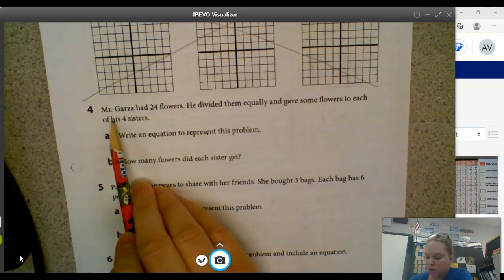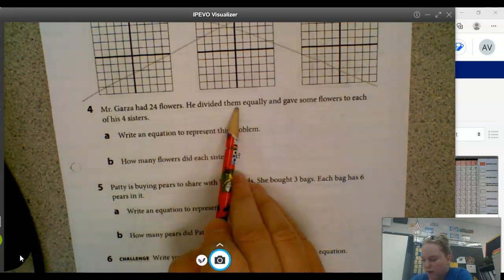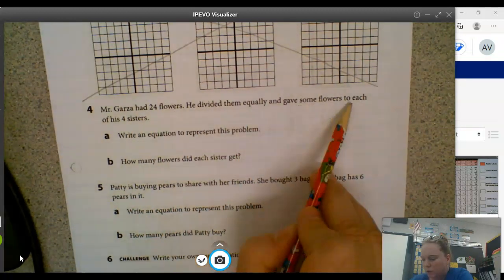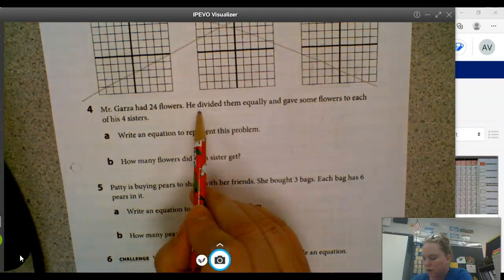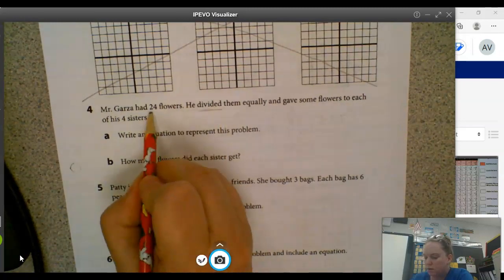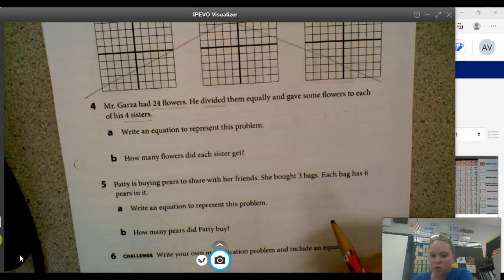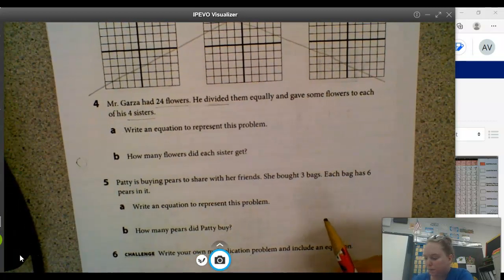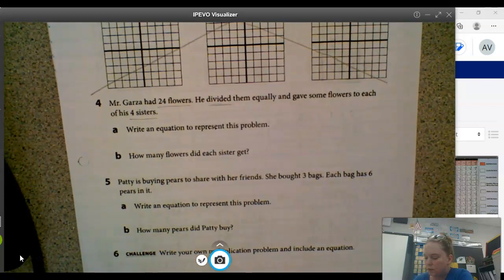It says Mr. Garza had 24 flowers. He divided them equally and gave some flowers to each of his 4 sisters. Okay, I see the word divided. We start with 24. There are 4 sisters. Write an equation to represent this problem. How many flowers did each sister get?